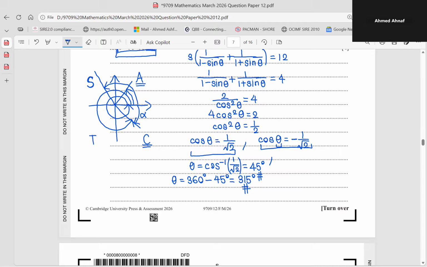It's an obtuse angle, more than 90 degrees and less than 180 degrees. To find that, you subtract the basic angle from 180 degrees. So 180 minus 45, you get 135 degrees.